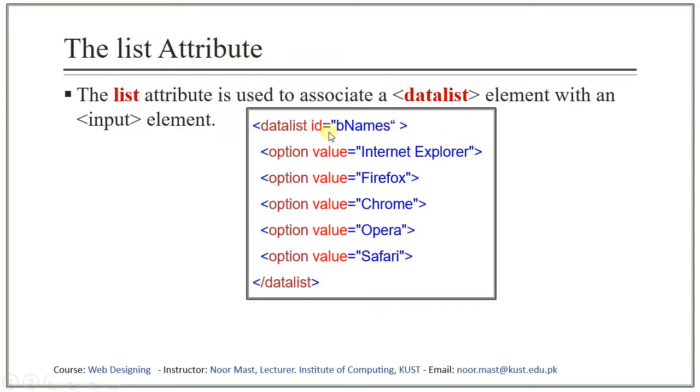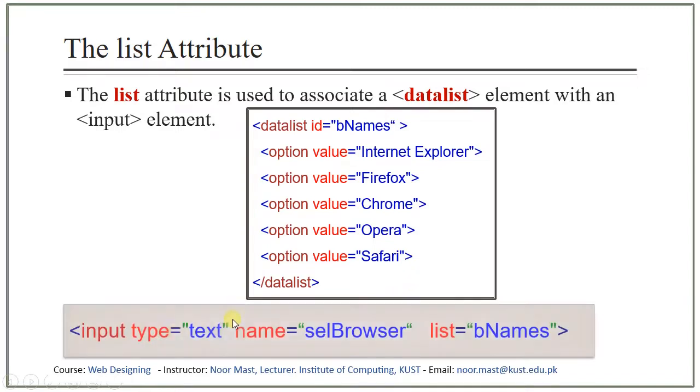Here the ID of the data list is bname, that is browser names, and we want to associate this data list with an input element. So look at these codes. Here the input element is of type text and the name of this control is select browser, where the list attribute of this control has the value bname, which is the ID of the above mentioned data list, so it will link the above data list with this input element.